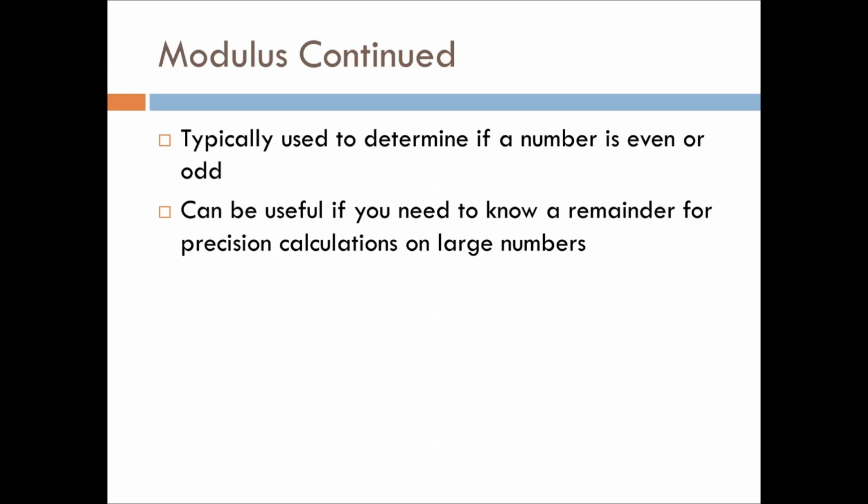Could be used for gold prices and things like that, but I don't know, I haven't used modulus in Papyrus specifically. It can also be used if you need to have a remainder for precision calculations on larger numbers, or on numbers where it's integers but you still want precision in the end without using messy float logic, since floats are typically not desirable over ints unless they are required.